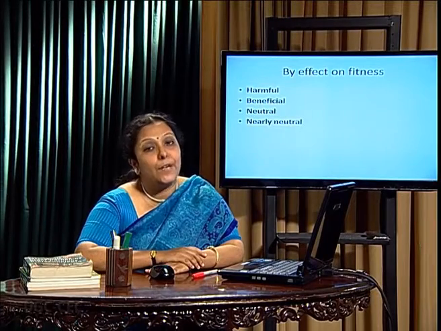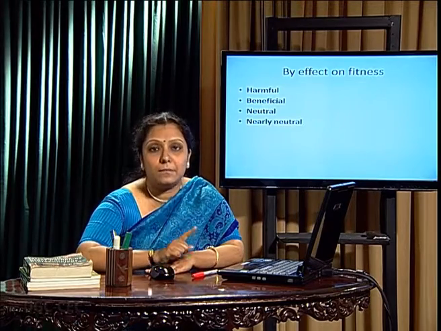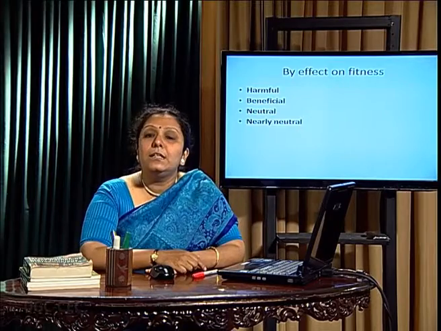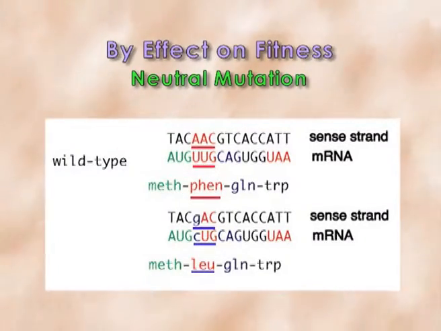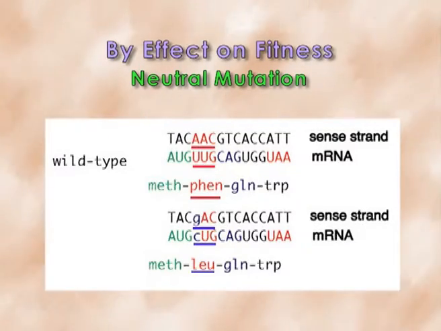So the population becomes malaria resistant. So, the sickle cell trait actually becomes advantageous for that particular population in that particular environment. Then neutral. Neutral means mutations that are not responsible for the harmfulness or beneficialness of the organism in that particular environment.